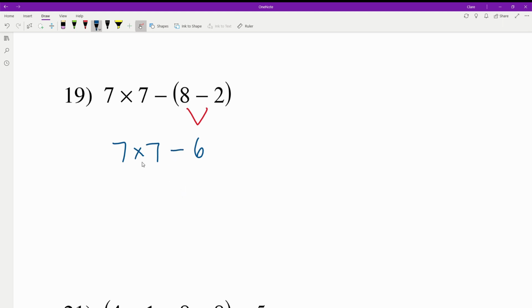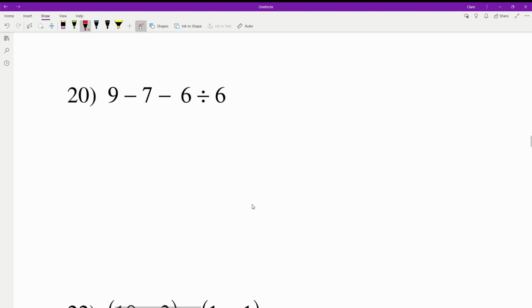Next, what comes? Multiplication or subtraction? Multiplication. So I'll do 7 times 7, which will give me 49, and then I'll be subtracting 6. 49 minus 6 will leave me with 43. 43 is my solution in number 19.